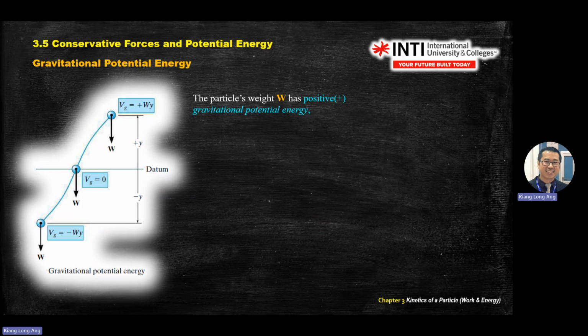But the h depends on the datum that you set in your answer or in the question. Sometimes the question gives you, sometimes it does not. If the question does not give you and asks you to use potential energy, you need to fix it at a certain place. But remember, above the datum is positive, below the datum is negative.